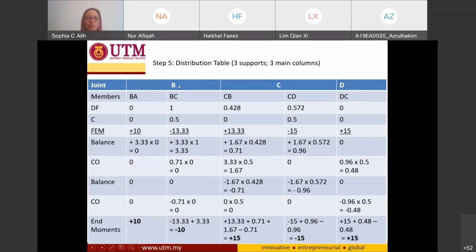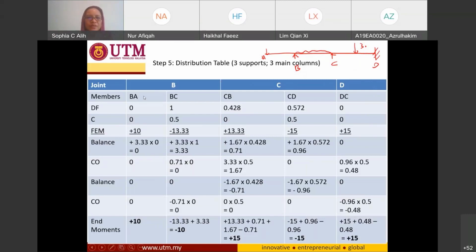So for joint B, if I draw it, you have actually something like this. You have B, you have C, and you have D, and we have a 30 kilonewton load over here, and you have the uniform distributed load, and you have a point load on our cantilever A. So this is what we have.